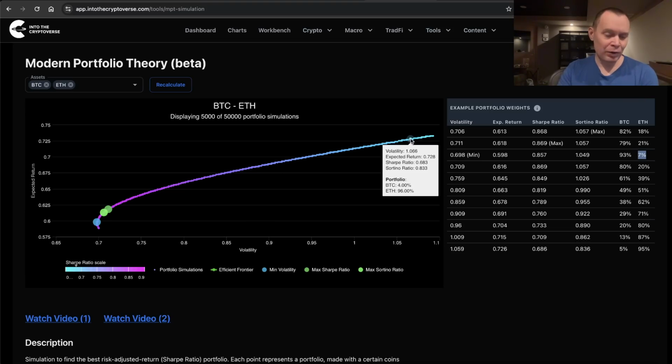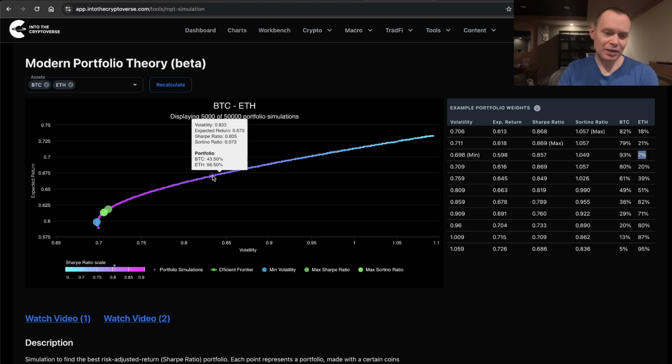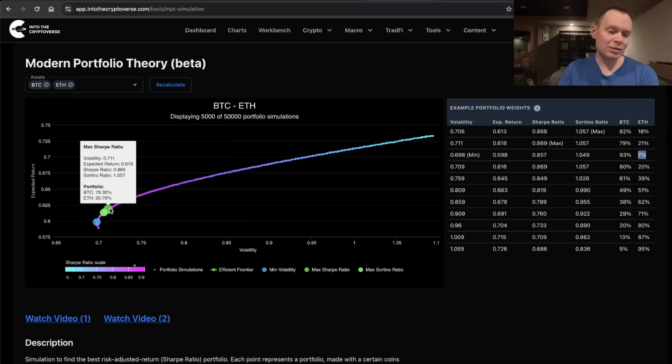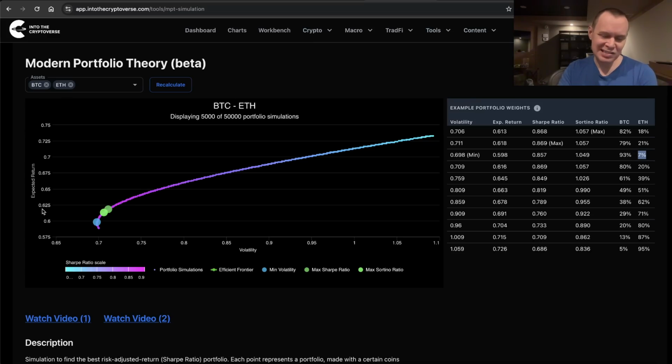So what it means, though, is that over here, your expected return for a portfolio of 80% Bitcoin and 20% ETH, annualized, is going to be about 62%, right? About 62%. But again, it's plus or minus 70%. So some years, within one standard deviation, it could go as high as over 100%.